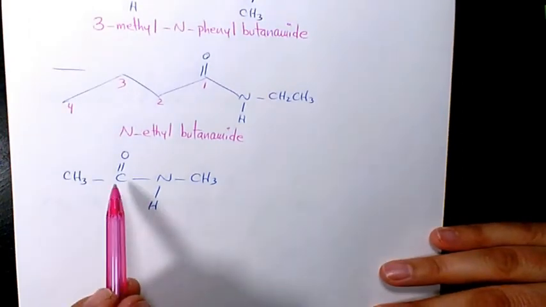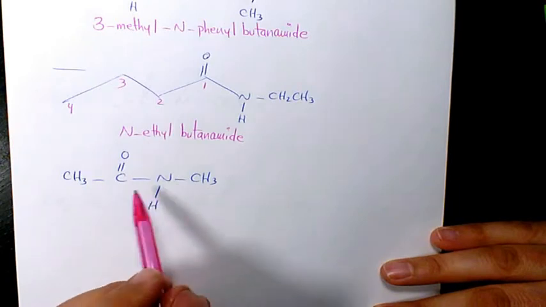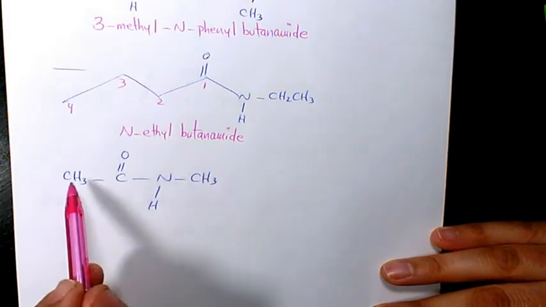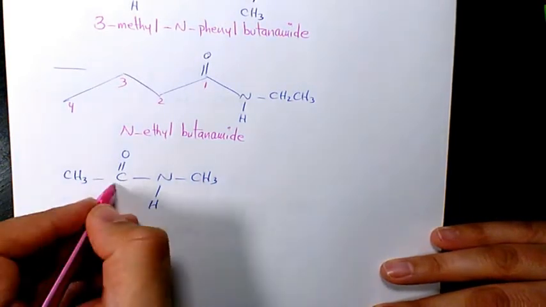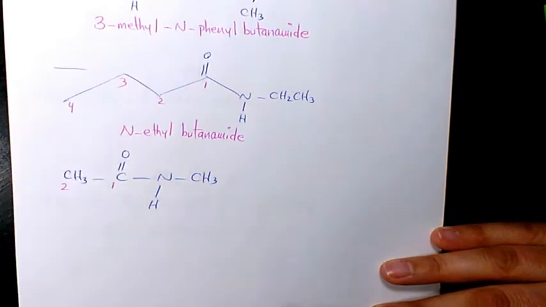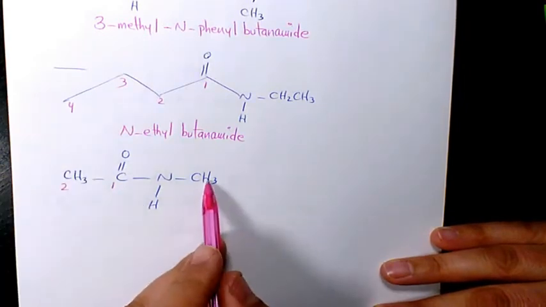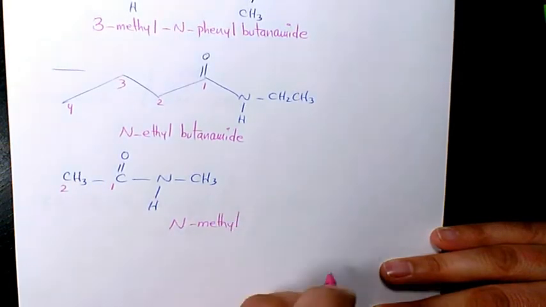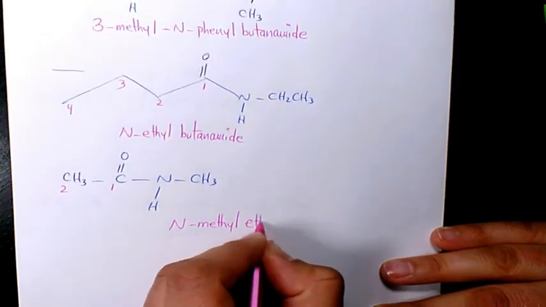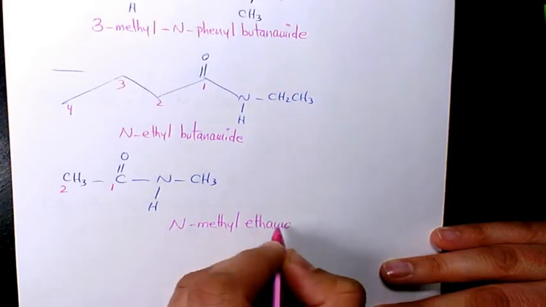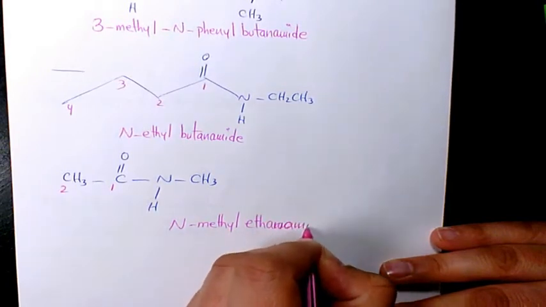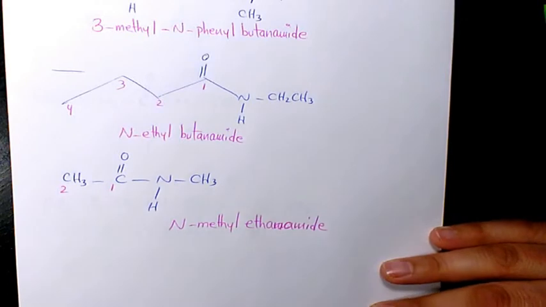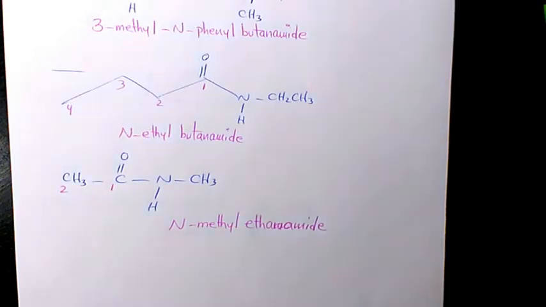Next one, we have a methyl group here, and here we have 2 carbons. So we are dealing with ethanamide, and here we have methyl. So N-methyl ethanamide. That's the name of this organic compound.